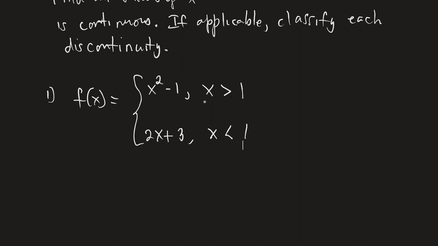So the first thing I would check is, does f of 1 exist? And it doesn't, because there is no equal sign on either inequality, so I wouldn't know which piece to plug it into. So f of 1 does not exist.